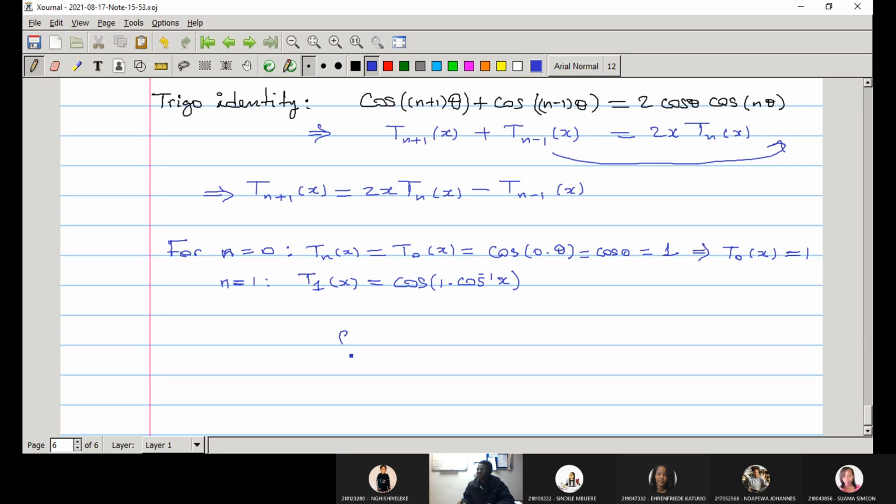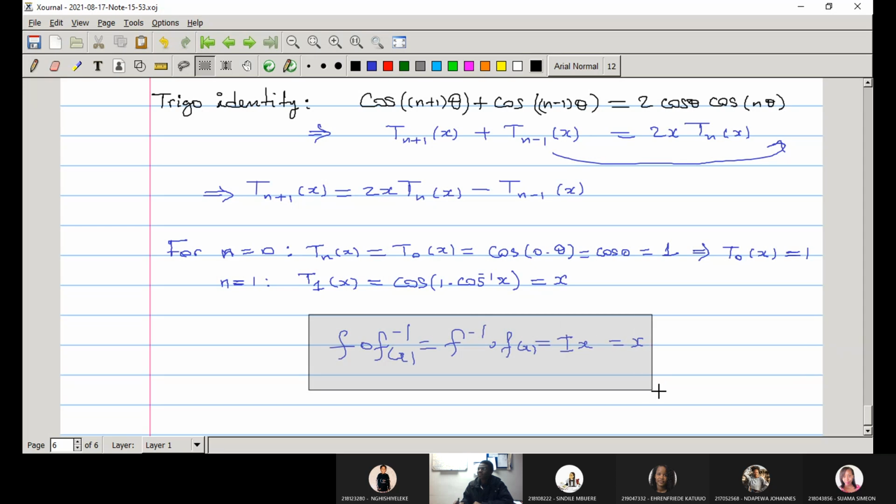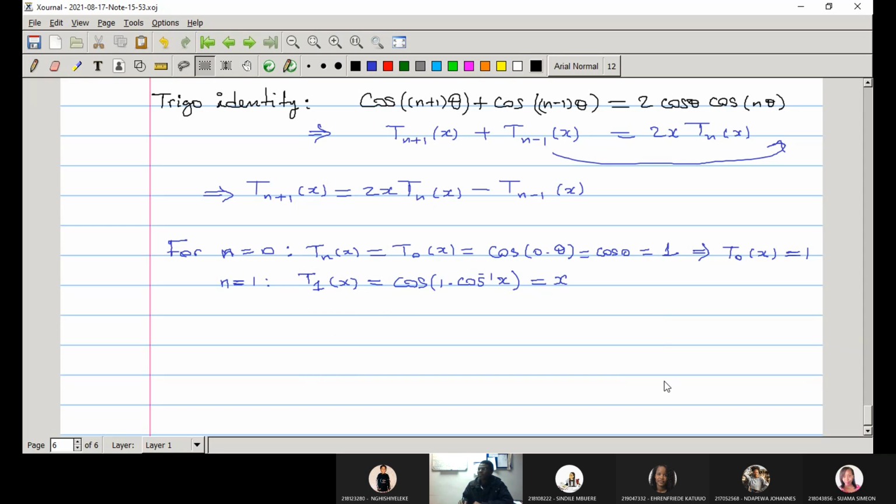A function composed with its inverse is the same as the inverse composed with the function. It gives identity. So if I apply x here, identity of x is x, right? So this is x. Okay, so that's for n equal to 1.